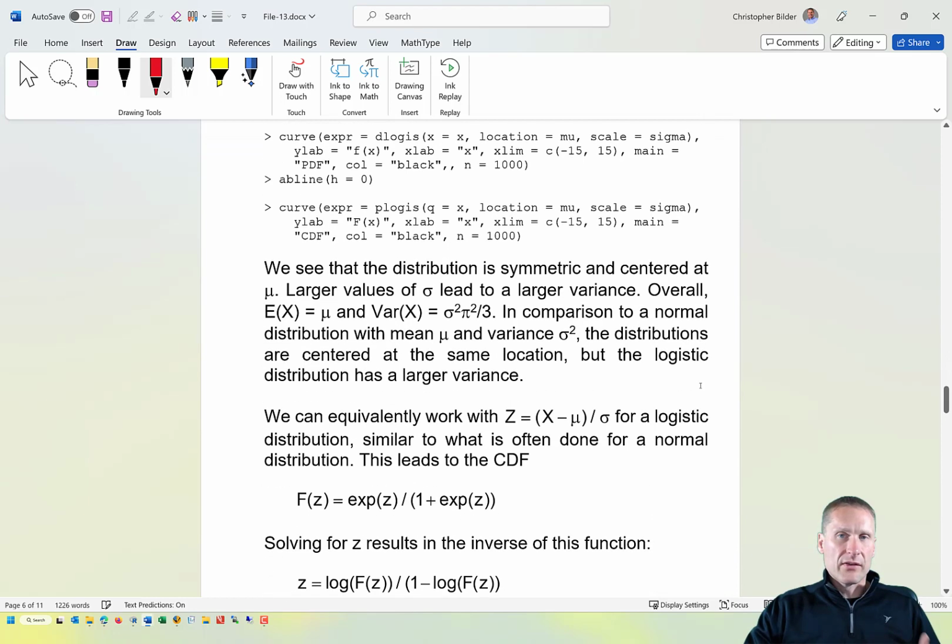With these fatter tails, you might expect that the variance is larger for a logistic distribution than it is for a random variable with a normal distribution. And in fact, it is. So we can see here the variance of X is sigma squared times an additional constant, where in a comparable normal distribution, we would simply have sigma squared there.